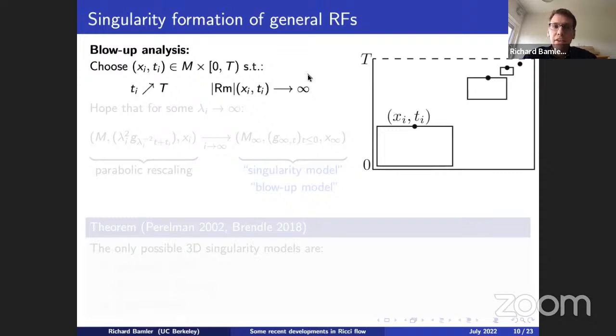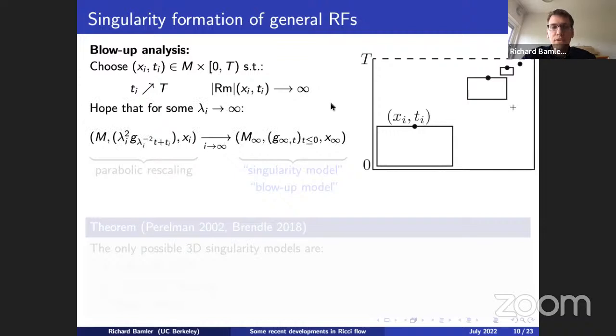So since we have a singularity, we can find a sequence of points x_i and times t_i, such that the curvature along these points goes to infinity. Okay? So we also say these points (x_i, t_i) run into a singularity. And then we would like to understand the geometry near these points. And we do this by first choosing a sequence of rescaling factors, lambda_i, and then we parabolically rescale the flow. So we rescale distances by lambda_i and times by lambda_i squared.